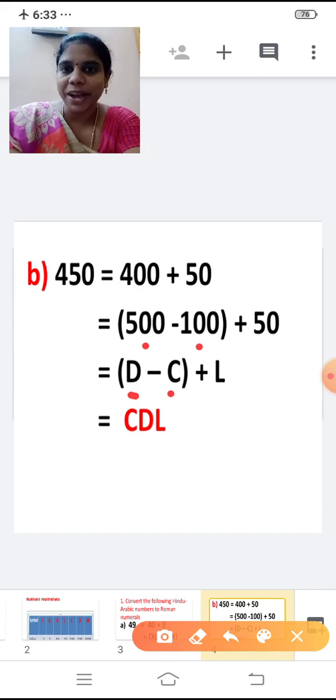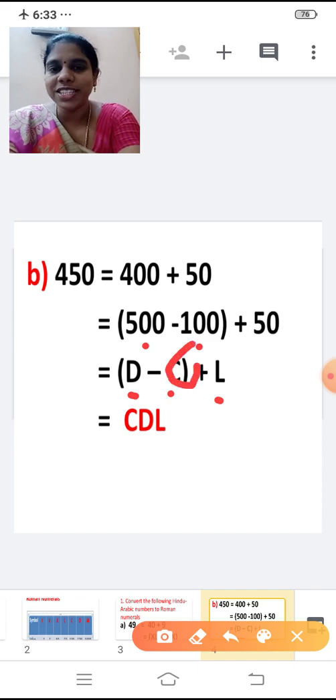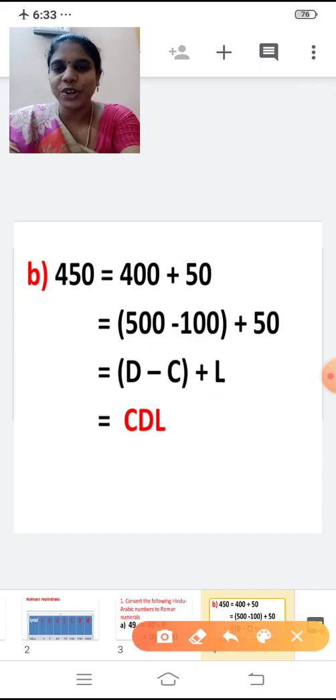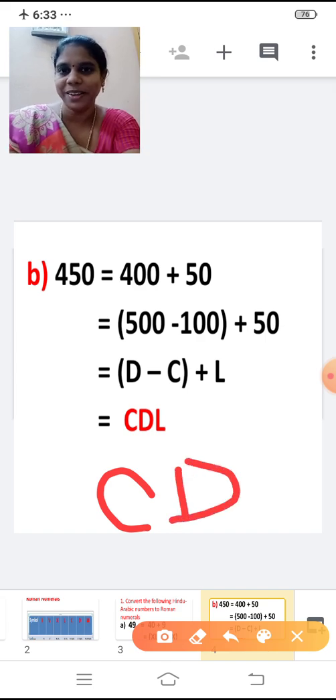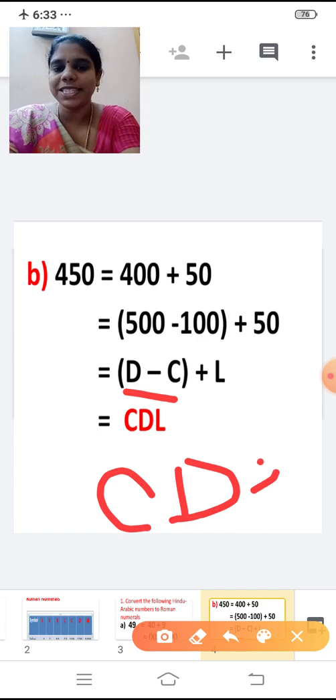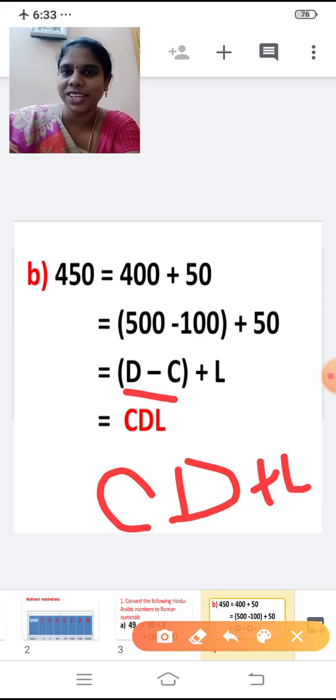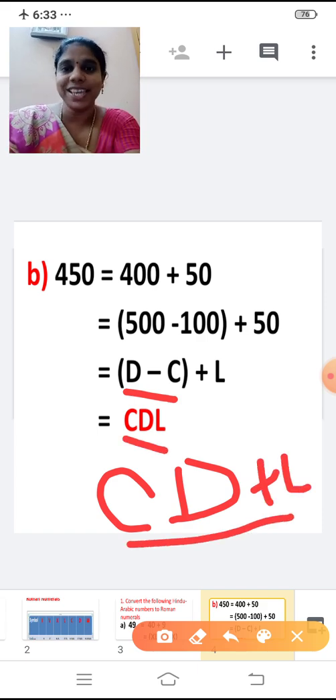C. D minus C plus 50. What is the Roman numeral for 50? L. Now D minus C, when will you subtract the Roman numeral? If the smaller one is placed before the larger one. So the smaller one is C, it is placed before the larger one, right? So the value is CD plus L. Now add all together. Answer is CDL.